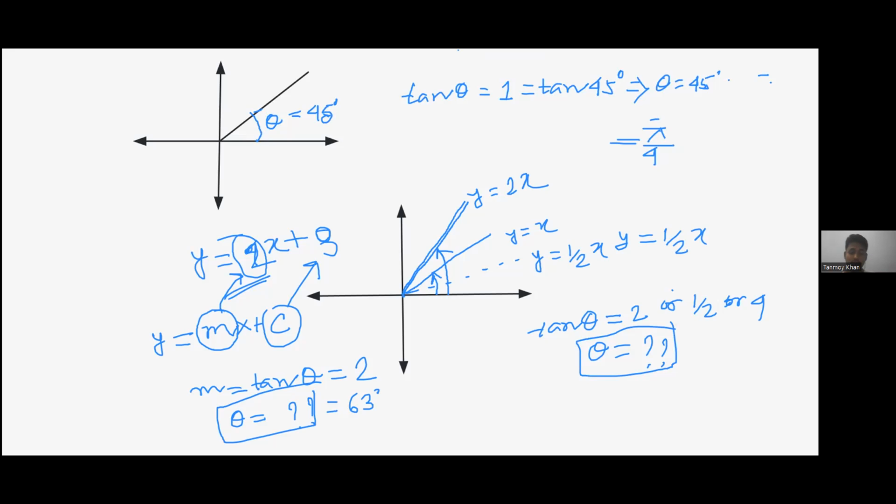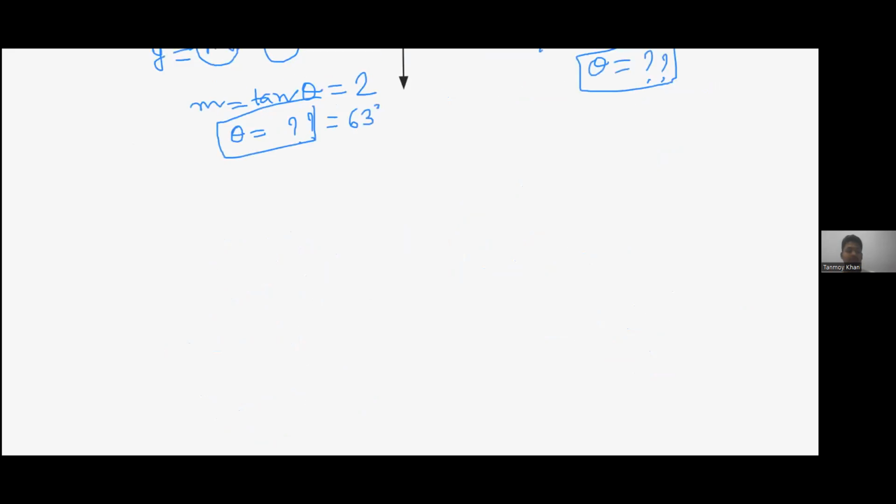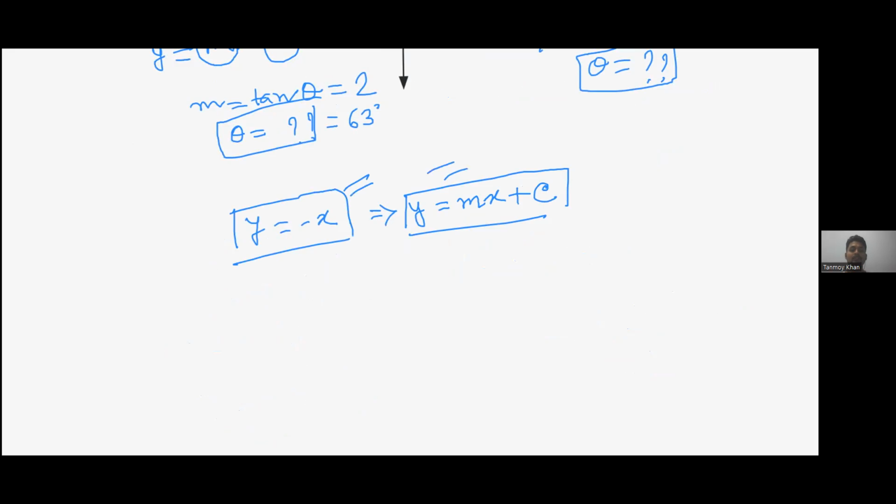Okay, let me give one more example, where y equals minus x. How will y equals minus x look? Just compare it, as I told you, with the possible equation you know. So if you compare these two, what do you get? m is minus 1, right?